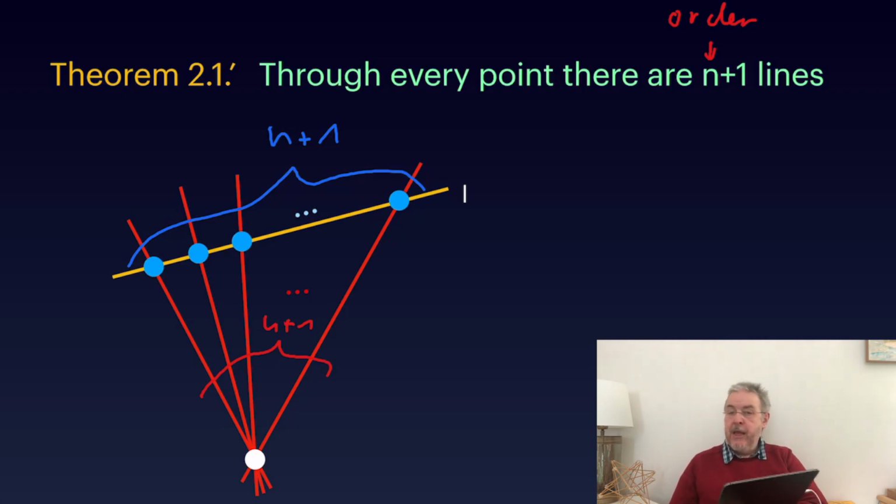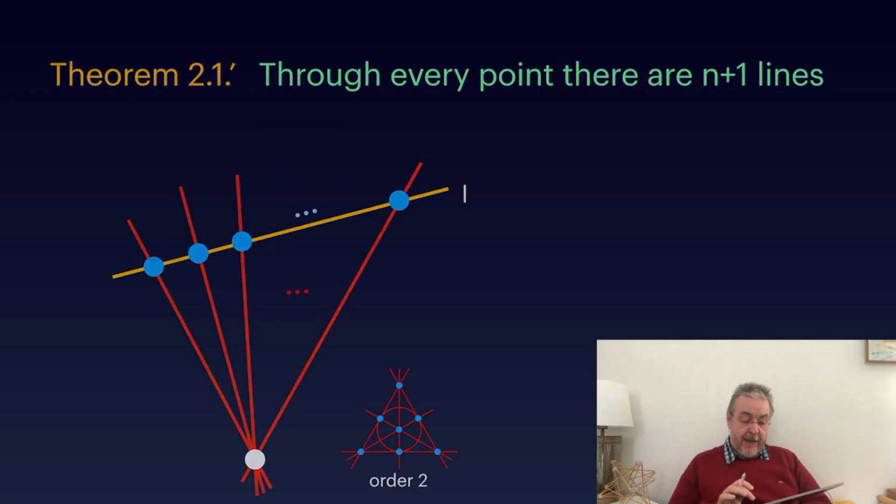So this was really a little sidekick of the other theorem. But now we can take all that together and count the total number of points in a finite projective plane, and this is what we will do next. Just a little reminder, if you look at the Fano plane, you see that through each of the points there were exactly 3 lines.